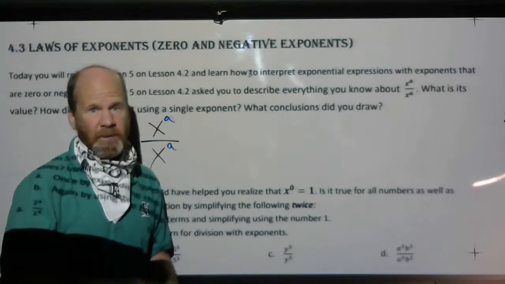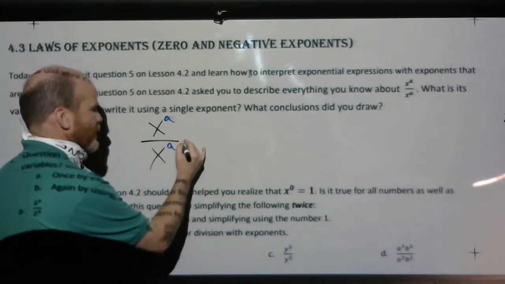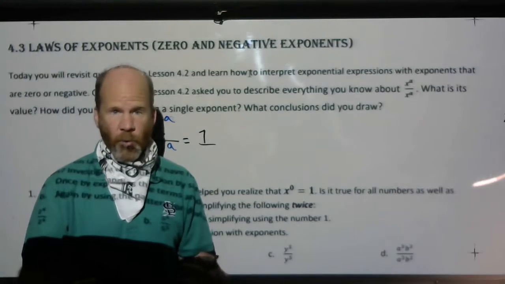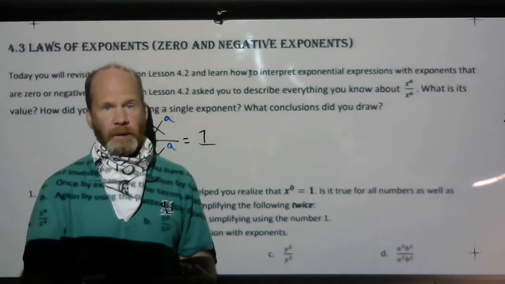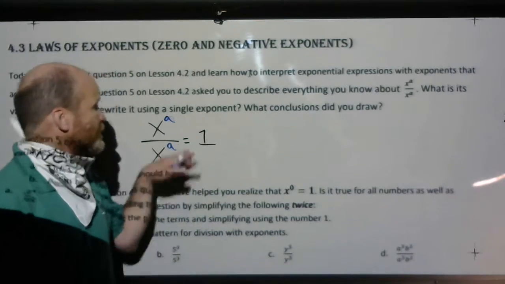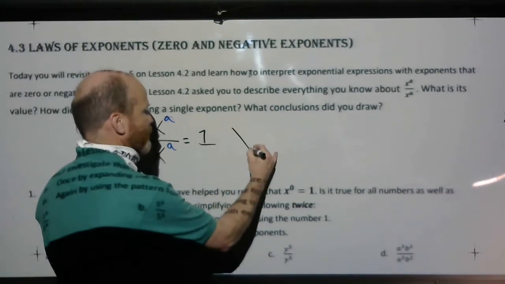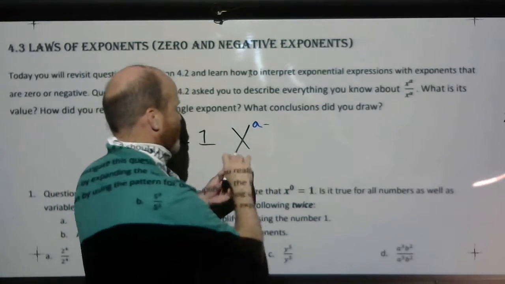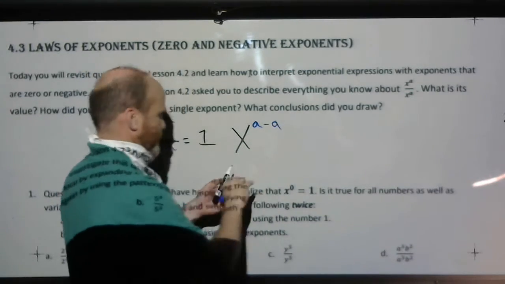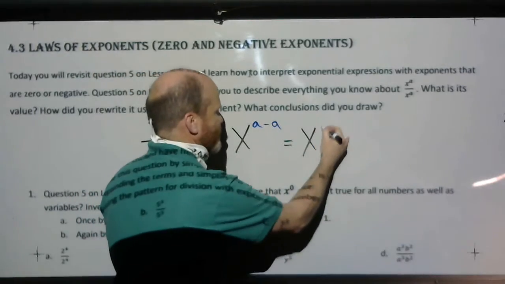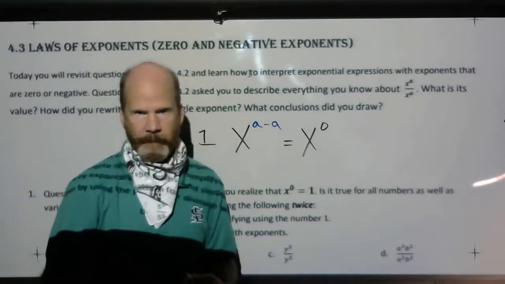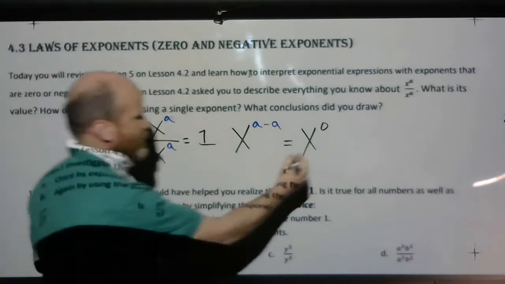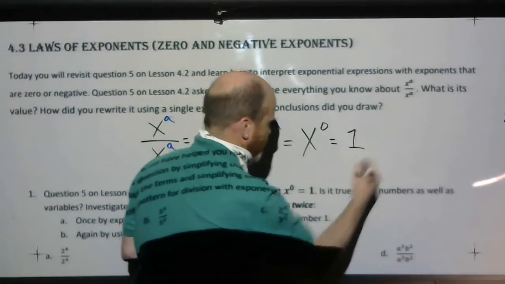X to the a power divided by x to the a power does, in fact, equal 1. Now, we can apply our shortcut that we know about the quotient rule, that's division, that we're going to subtract our exponents, so if I have x and I'm going to do a minus a, well, then we are going to get x to the 0 power. X to the 0 power, we just found by definition, is equal to 1.